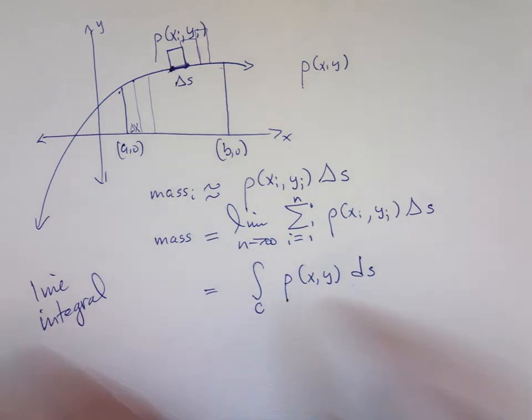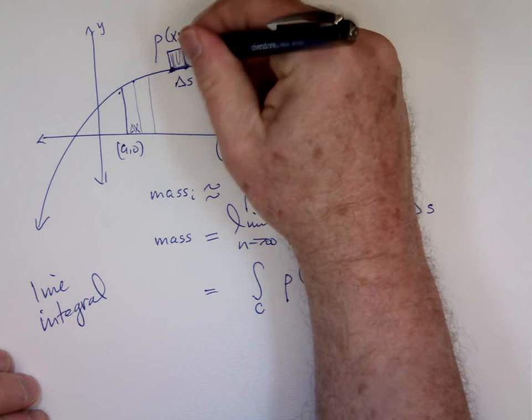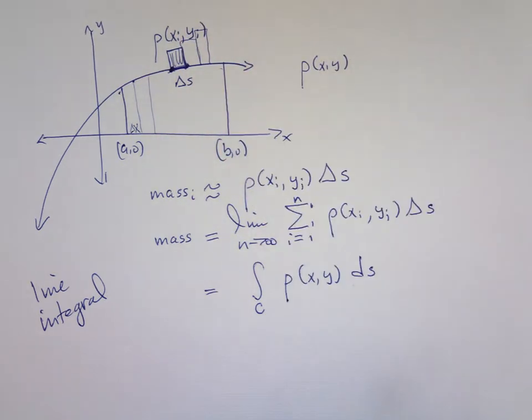Because every one of those rectangles, area, density times the distance is a mass. So the area of this rectangle is the mass over that one particular piece, that little interval. It's a delta S times the density.